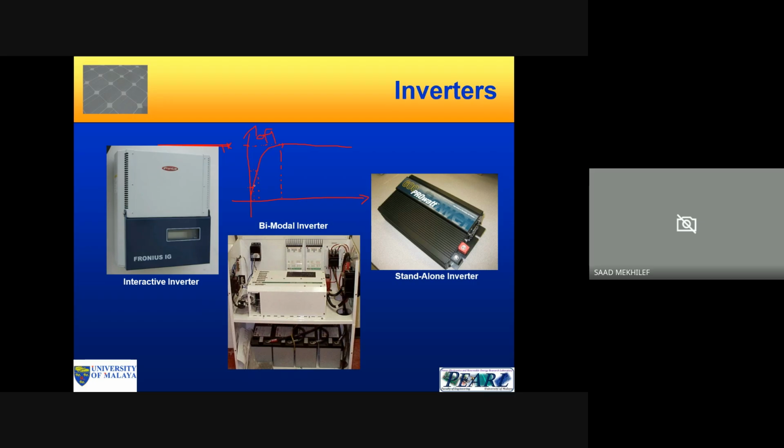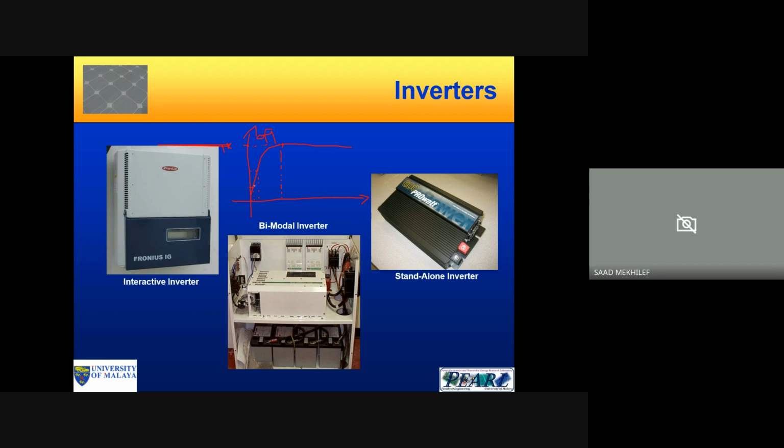But if it operates lower than that, then we lose on efficiency. So now we go back to the question. If I have 1 kilowatt peak PV panels, PV systems, what will be the size of the inverter?